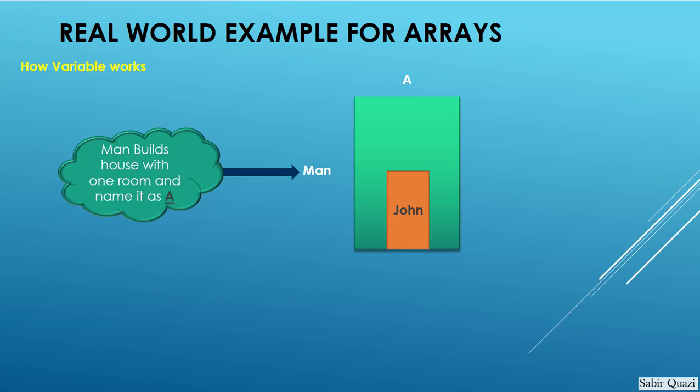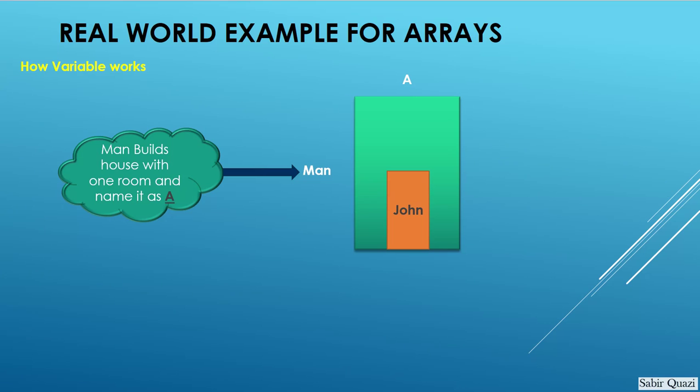So it is decided which type of person will stay in this room. So decided that only men will stay in this room. Now let's relate this as a data type of variable like integer or character or string in our programming language. Means this variable will store integer values, character values, or string type values.